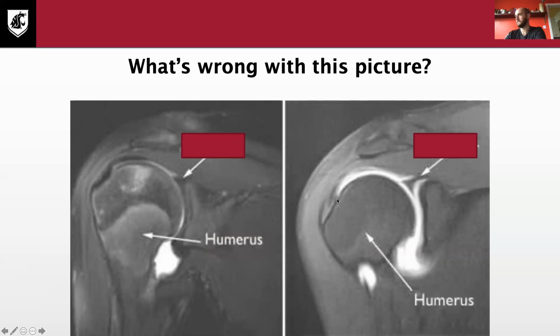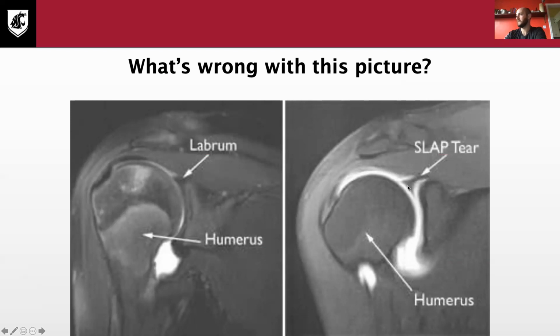Yeah, that's your humerus. And it's hard to get MRIs from Google because most of them have them labeled already. But if we know this is our humerus, this would be our glenohumeral joint. So then what would this be right here? Yeah, it's your labrum. Good.